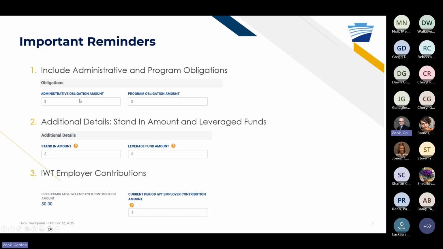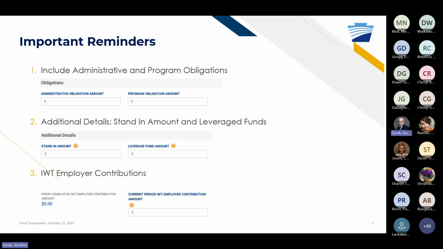It's critically important that in the June FSRs you have these amounts filled in, because we use this information to determine whether or not you've met the 80% obligation requirement for your local WIOA funds during the first program year. The requirement is that within the first year, you have either spent or obligated 80% of those funds by the end of June.